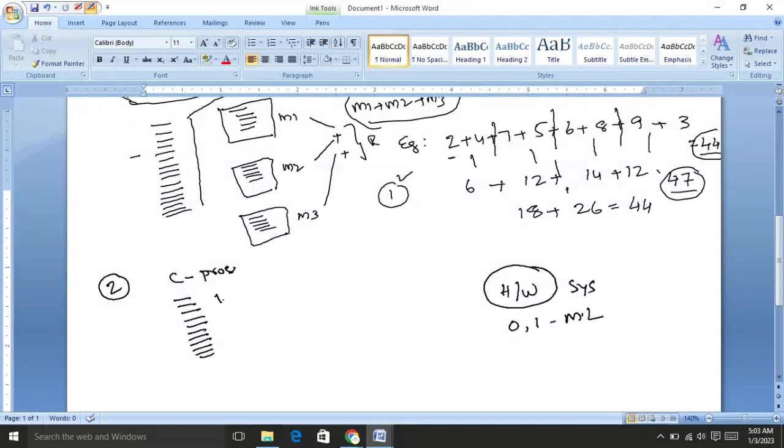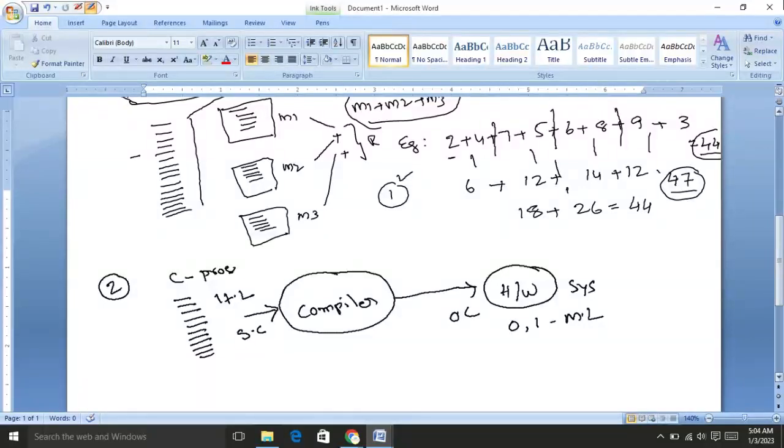To convert the high level language into machine language, in between there is a compiler. The compiler converts the source code into the object code, that means into the machine language.